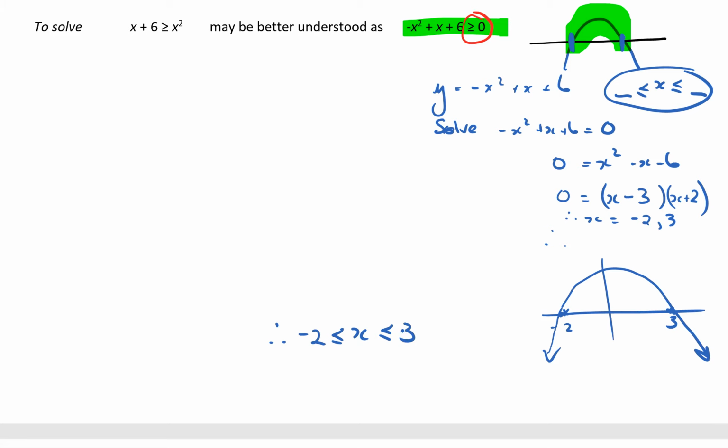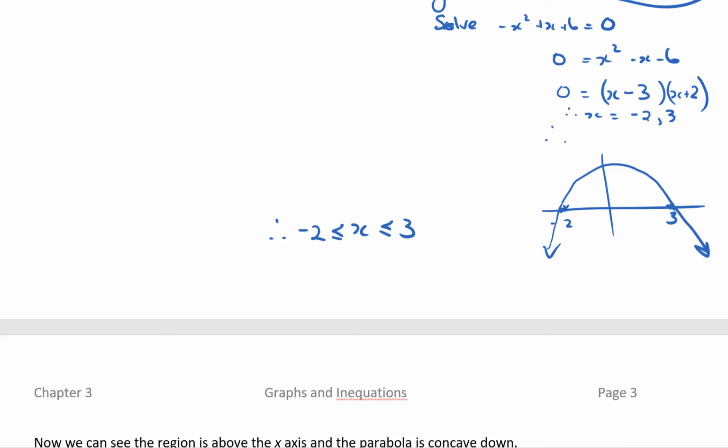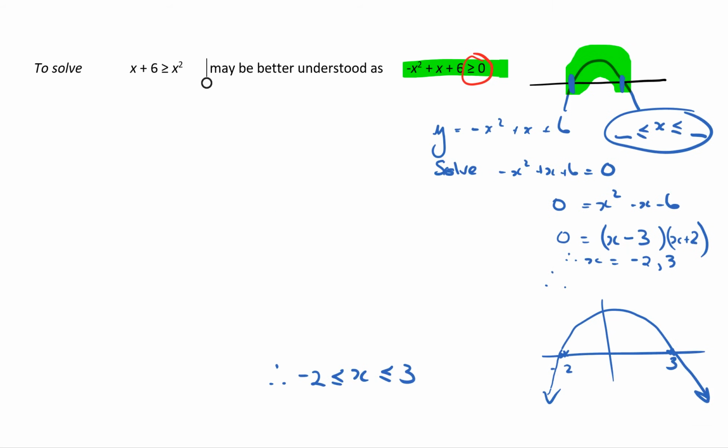I started the video off by saying there are various ways you could actually do this question, and another way that you could do it graphically, but I won't go into the full detail, is you could read this as: find the x values where this function, which is y equals x plus 6, which we know is a straight line, cuts at 6, what's the range of x values such that that straight line is greater than or equal to the parabola?